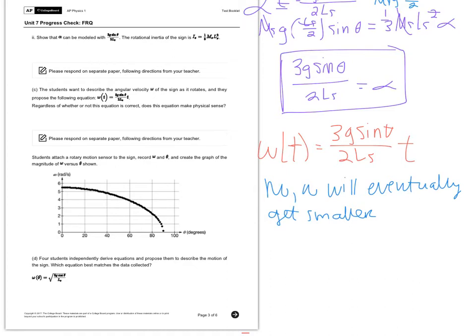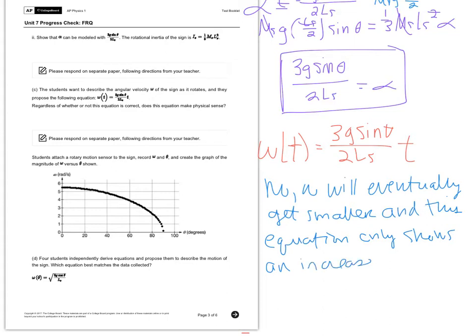So no, omega will eventually get smaller, and this equation only shows an increase in omega. And again, that's because of the direct dependence between angular velocity and time. But remember, it will change and eventually get slower. So that's why this equation does not make physical sense.